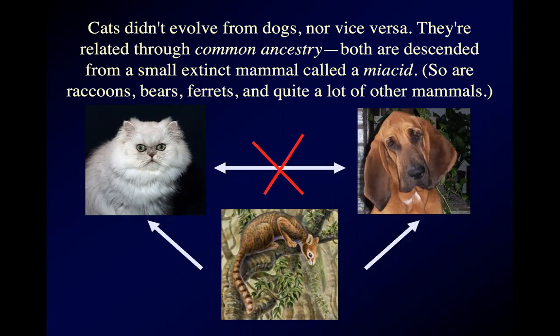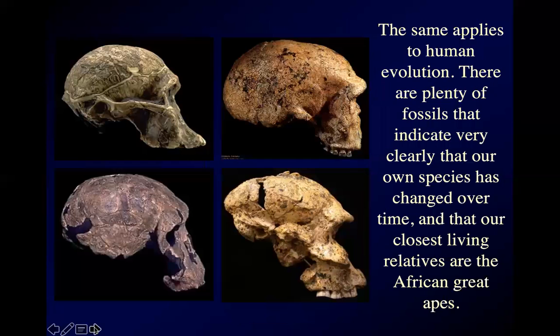And after about 40 odd million years, we have dogs and cats and raccoons and bears and ferrets and weasels and seals and quite a lot of other mammals. So the claims that we're making are claims about common ancestry. And the same applies to human evolution.